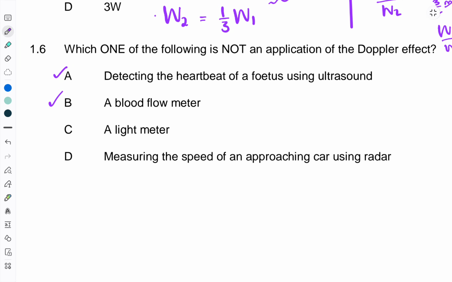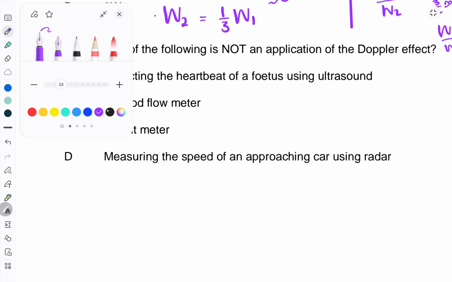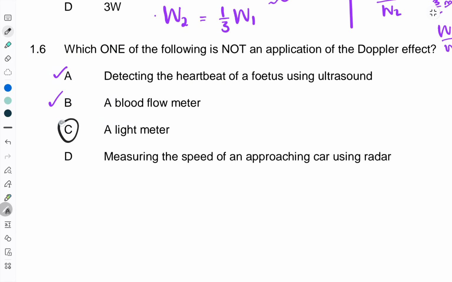A light meter usually measures the light intensity, so it does not really use Doppler shifts. For that reason, this one wouldn't really work. This is basically something you would know from your notes. If you didn't read those long paragraphs in the Doppler effect notes before the equations, you wouldn't know this, so it's important to read those.